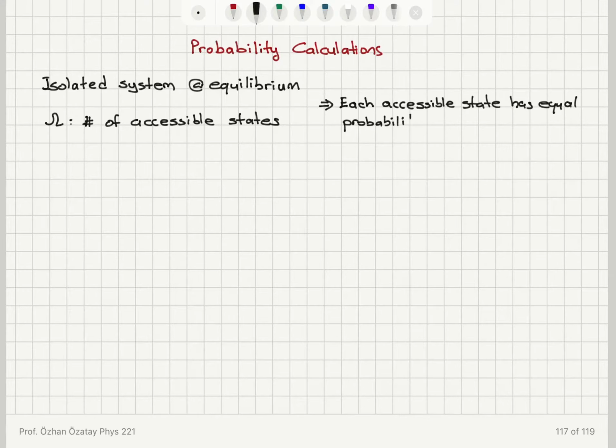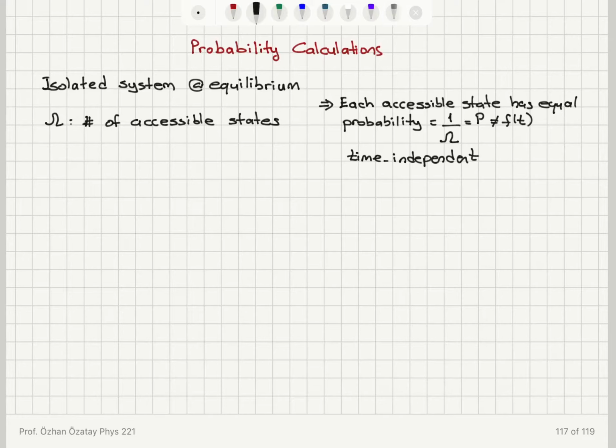And what is that probability? Because I have a total of omega accessible states, it is equal to 1 over omega. And this probability P is not a function of time. It is a time independent probability because the system has reached equilibrium.